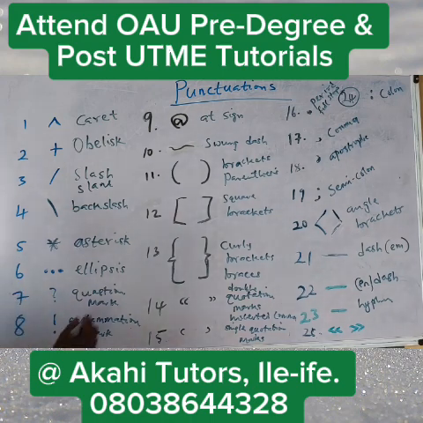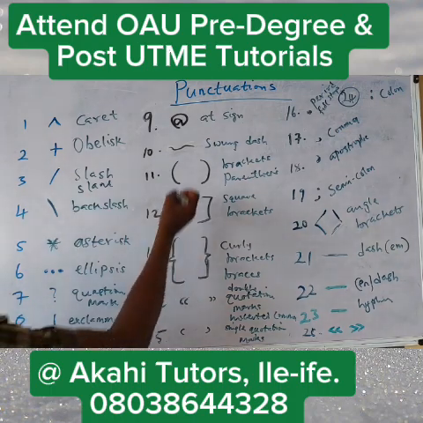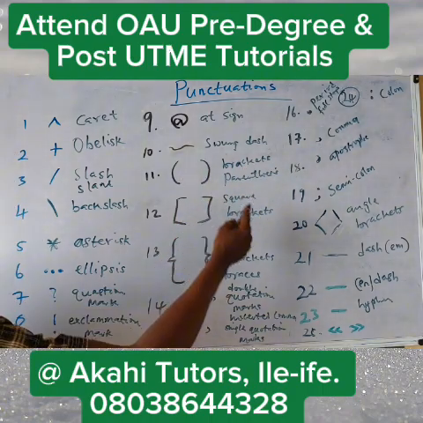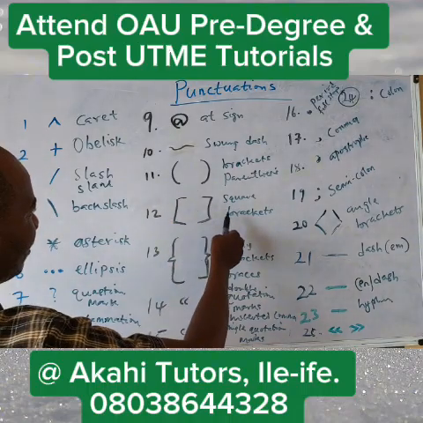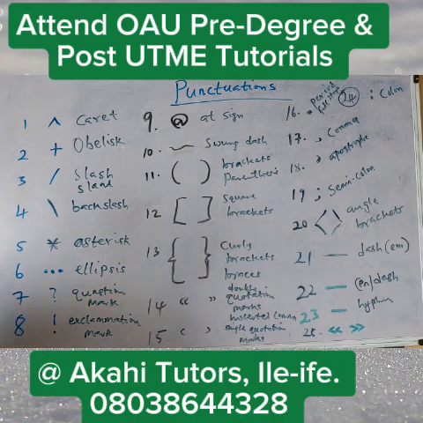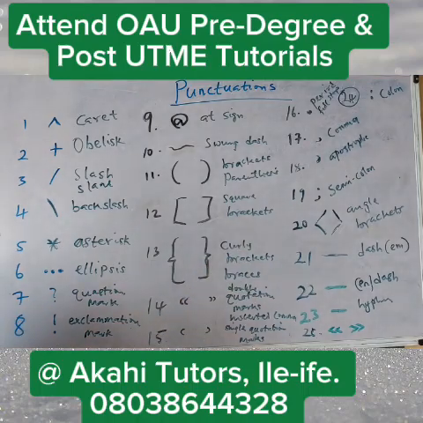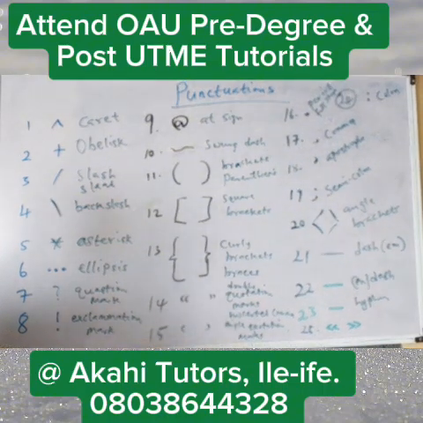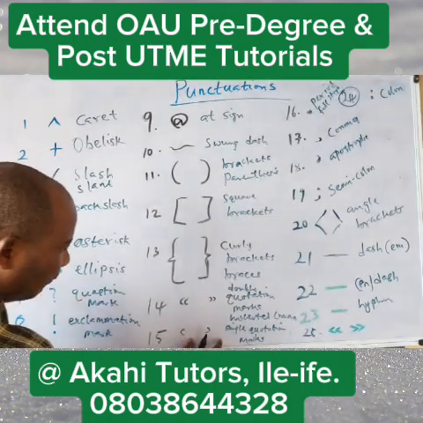This one is question mark, for interrogation, or interrogation mark; exclamatory mark; @, at gmail.com. This is a swung dash, bracket or parenthesis, brace, a square bracket. This is braces or curly brackets. And this one is double quotation or inverted comma, single quotation or single inverted comma.